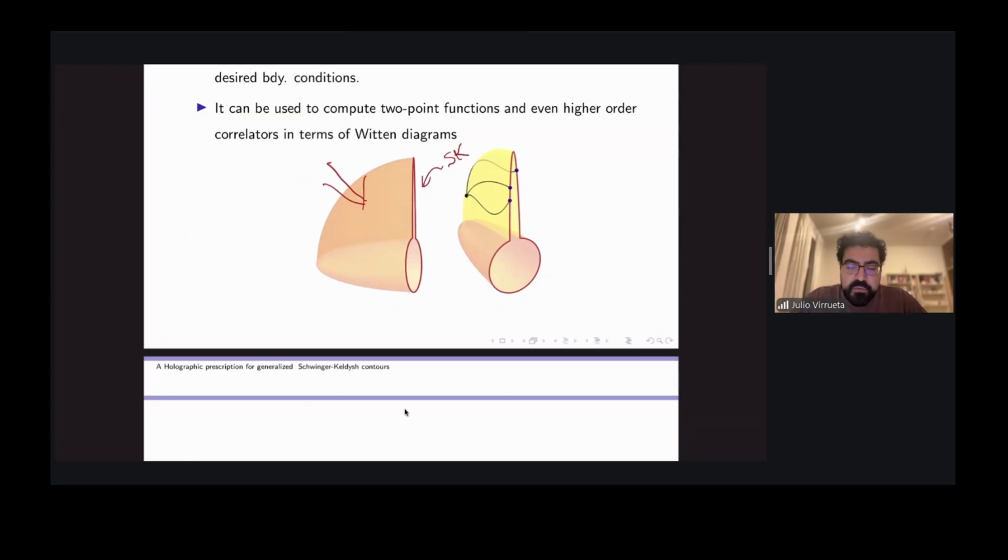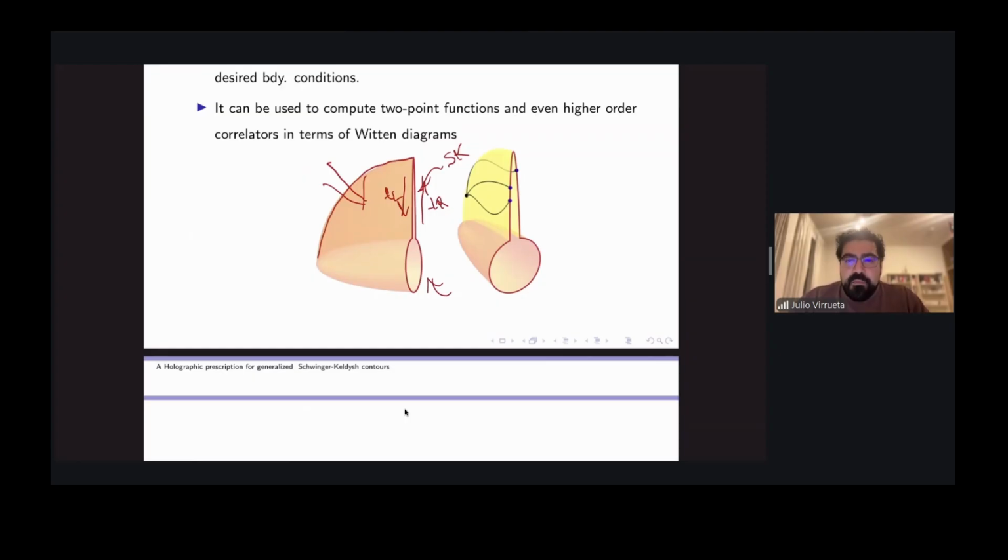And you don't need too much imagination to see that this is precisely the Schwinger-Keldysh contour for a thermal state. So this is the Euclidean part of the Schwinger-Keldysh contour. The two endpoints are identified in the usual thermal way, and these are the time right and time left. And this is the horizon of the black hole, right?